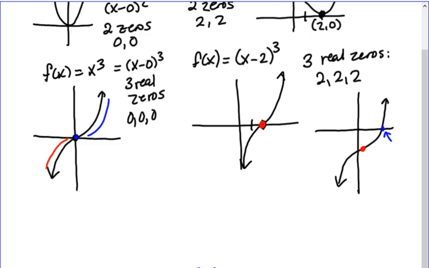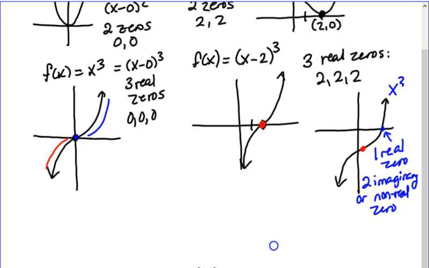So this graph would only have 1 real zero, and the other 2 zeros would have to be imaginary or non-real. The reason we know there's 2 is because this is a cubic graph. It has to have 3 zeros. There's only 1 real, so the other 2 would have to be imaginary.